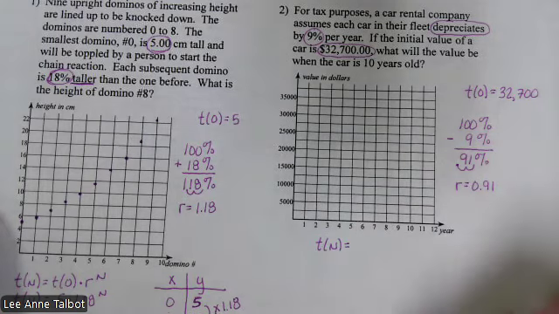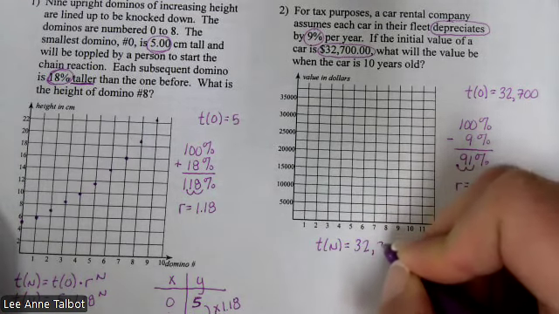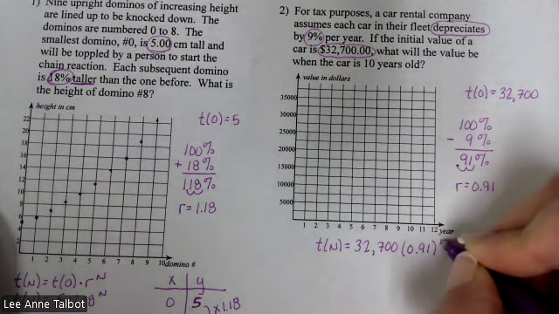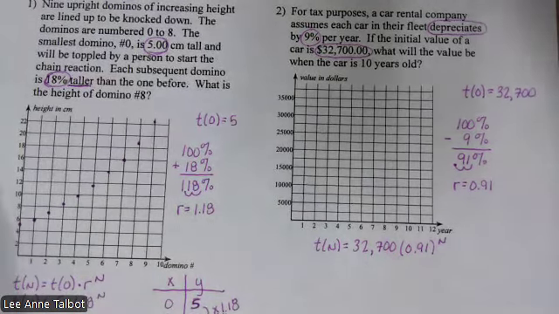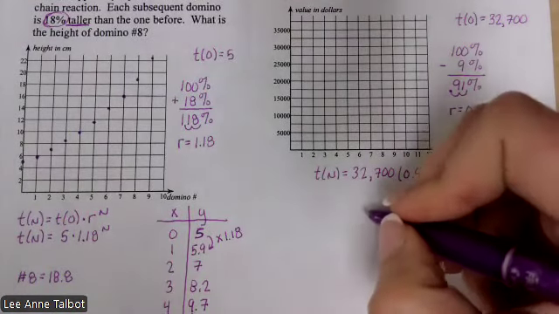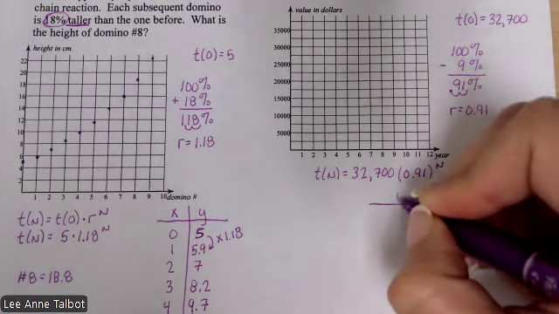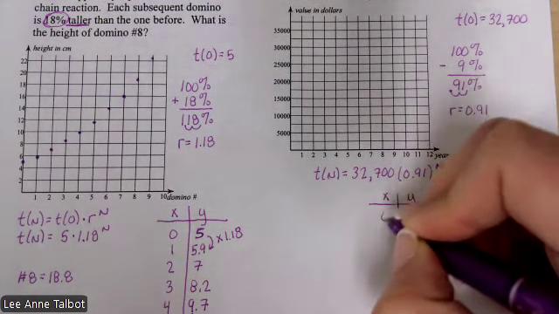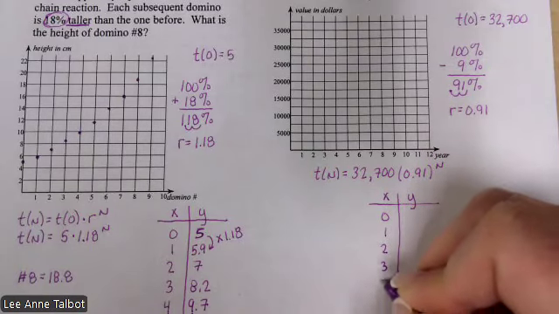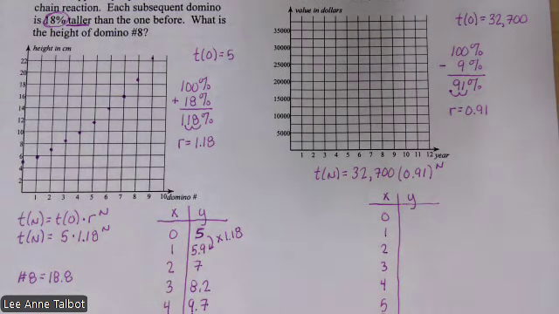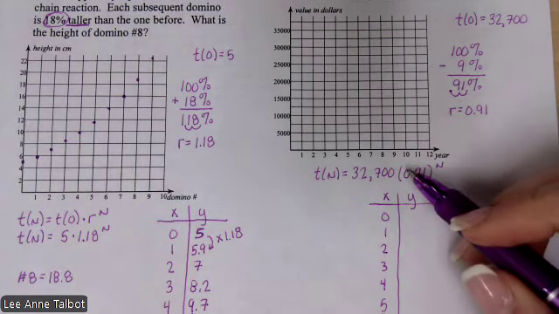U of N equals 32,700 times 0.91 to the N. It's asking us to go out to the 10 when it's 10 years old.